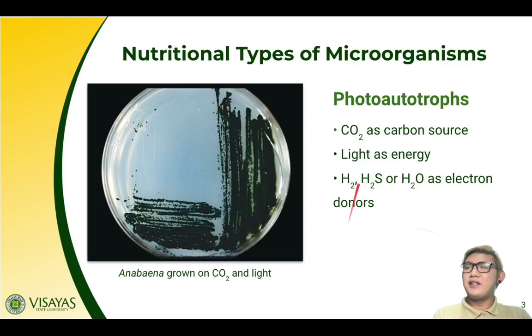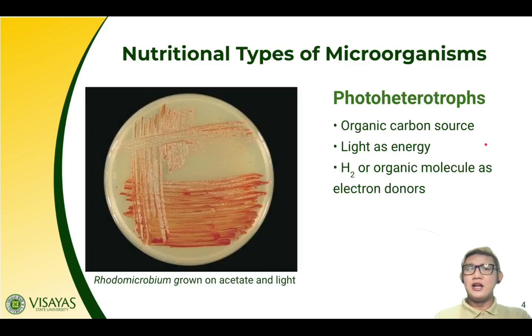So the majority of these groups, or the nutritional types of microorganisms, are actually classified based on their carbon source and their source of energy. So this is for the photoautotrophs. Another group is called the photoheterotrophs.